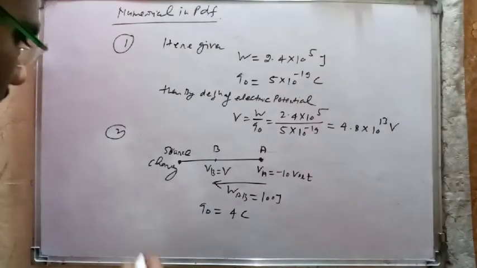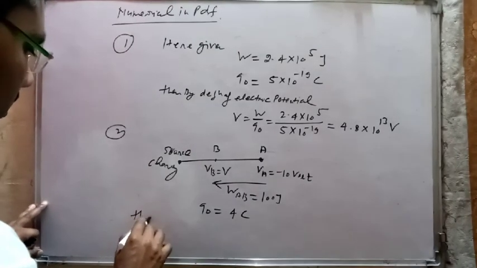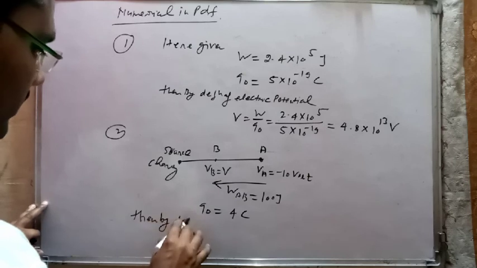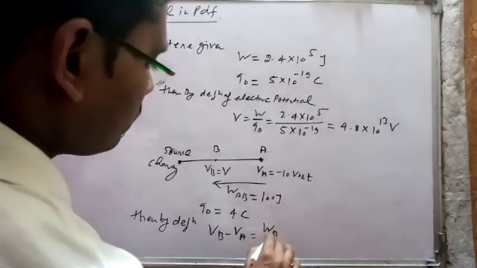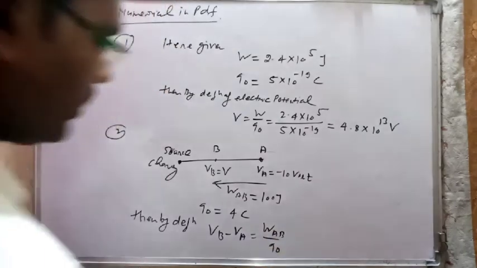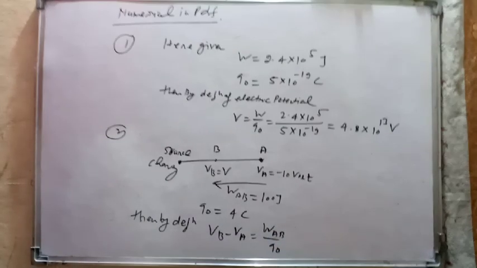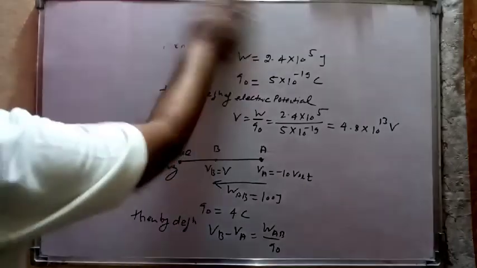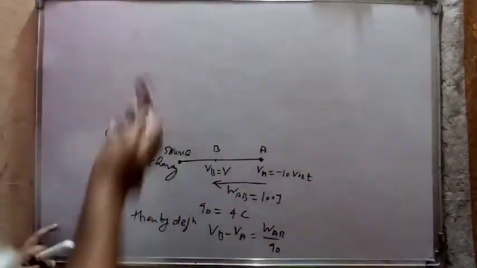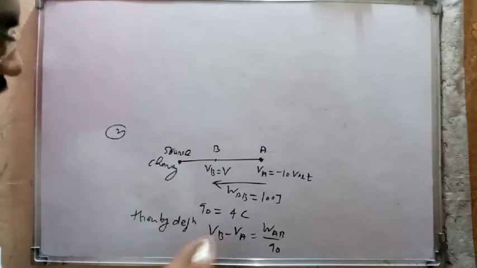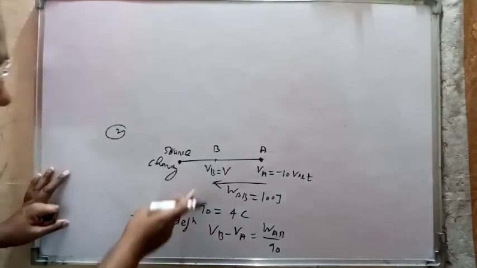Then by definition VB minus VA is equal to WAB divided by Q naught. Now substituting the values here. What is the value of VB?